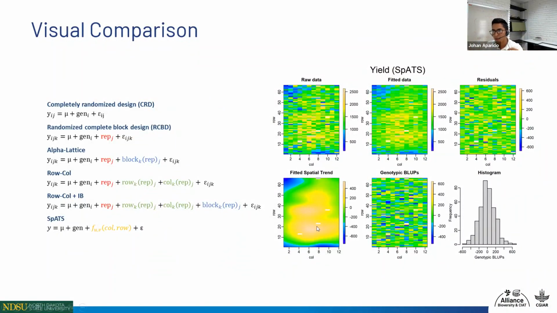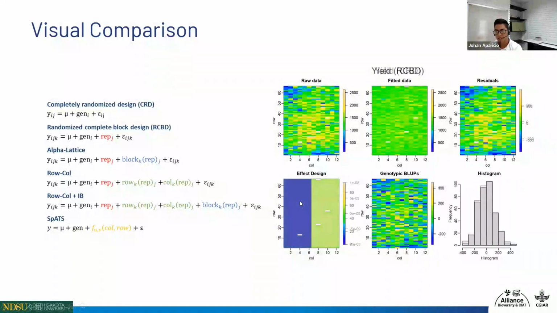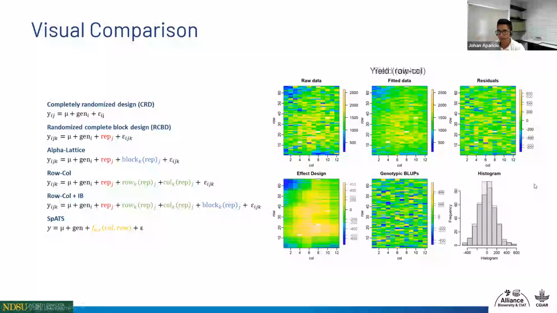Our fitted data is very similar to our raw data. That's why we saw that R-square was pretty high when we included the row and column information. And this is a GIF illustrating all the changes.